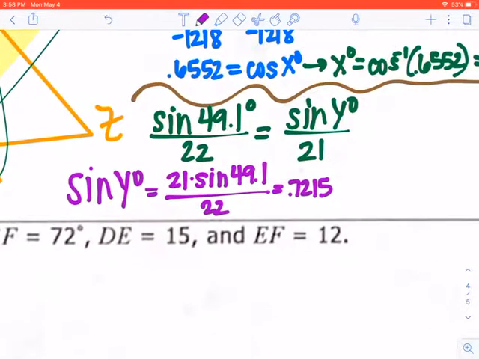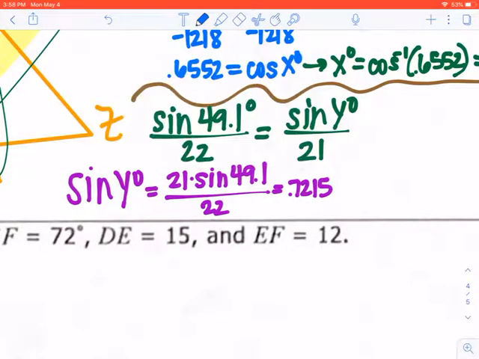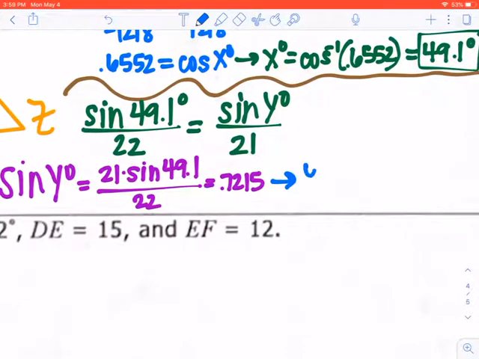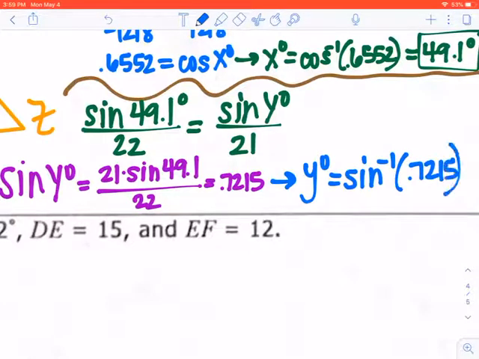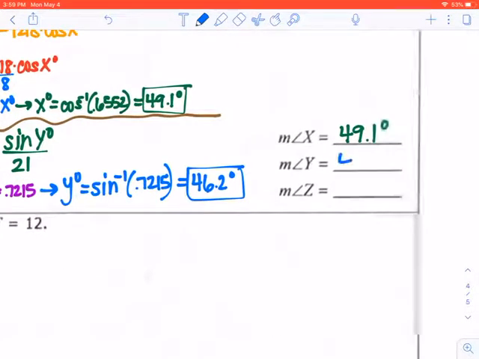So you get 0.7215, which we have to use inverse again. Y degrees is going to be the inverse sine of 0.7215. Okay, so you go back to your calculator, you do the inverse sine of 0.7215, and you get 46.2 degrees. And so now you found your second piece, 46.2 degrees. That's fine. Okay.